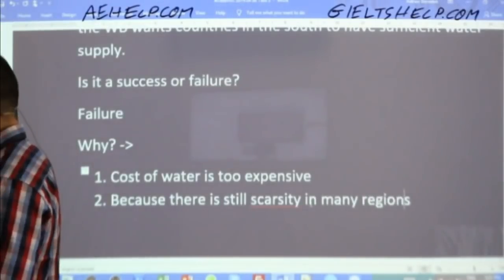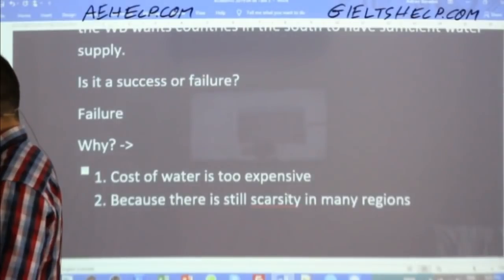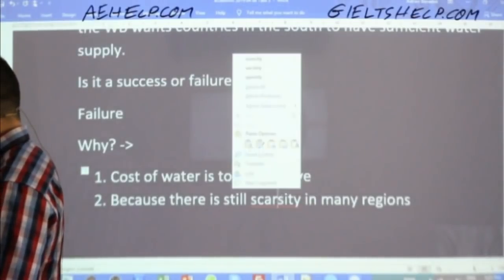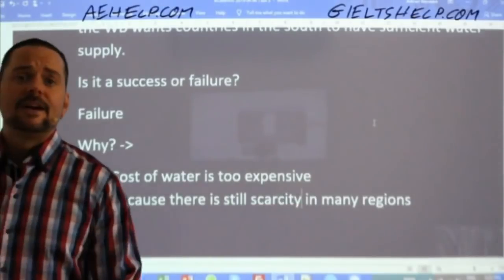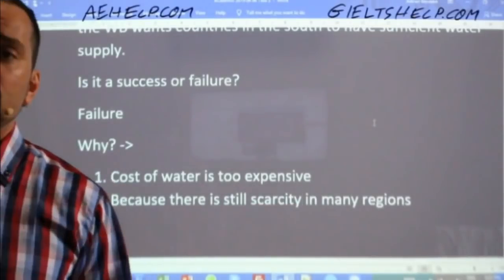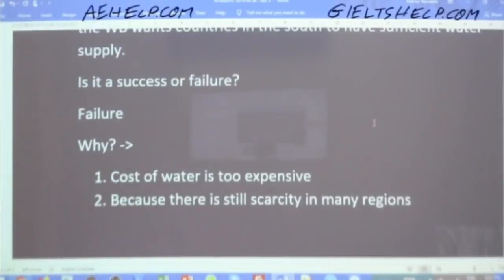Scarcity, nice use of words there, or vocabulary. It means there's a lack of, there's not enough. So, good vocabulary. Okay, fantastic. There you go. Your thesis points.